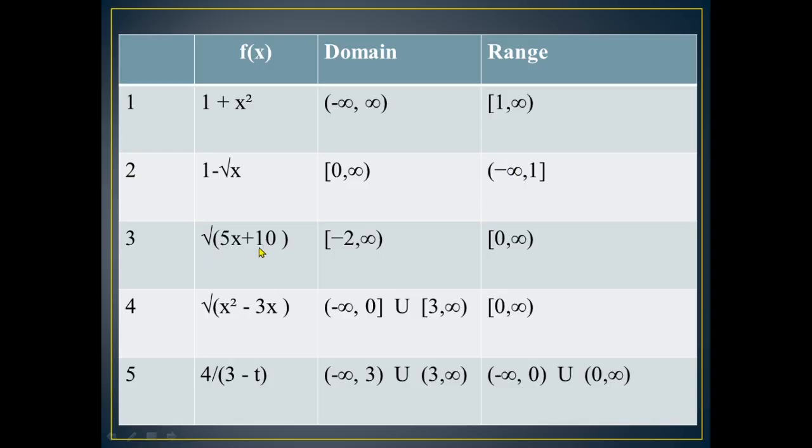Square root of 5x plus 10, then 5x plus 10 greater than or equal to 0, then we get the domain as minus 2 to infinity, and 0 to infinity is the range.